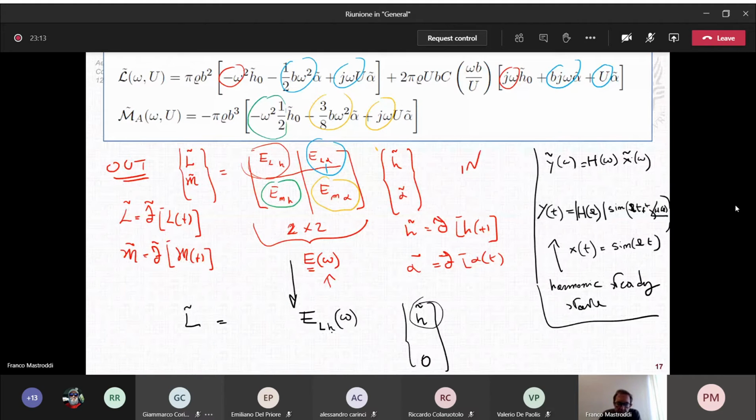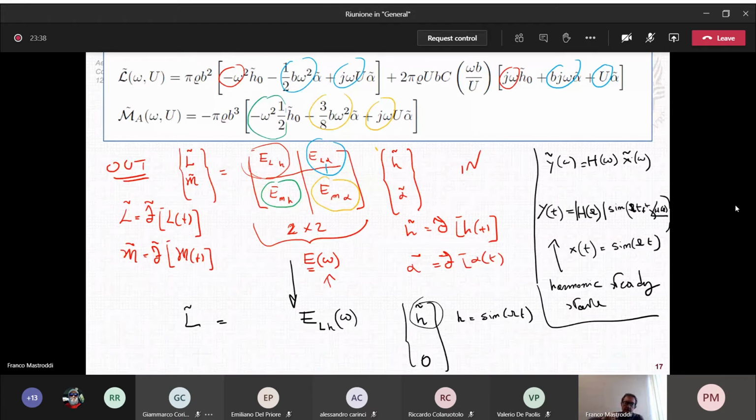And so what is each term representing? You have to imagine an elementary input for the heave. So imagine to have a heave like sine of omega t. Imagine to have an airfoil like this, and you move the airfoil with a sinusoidal motion like this, up and down, with unitary amplitude.